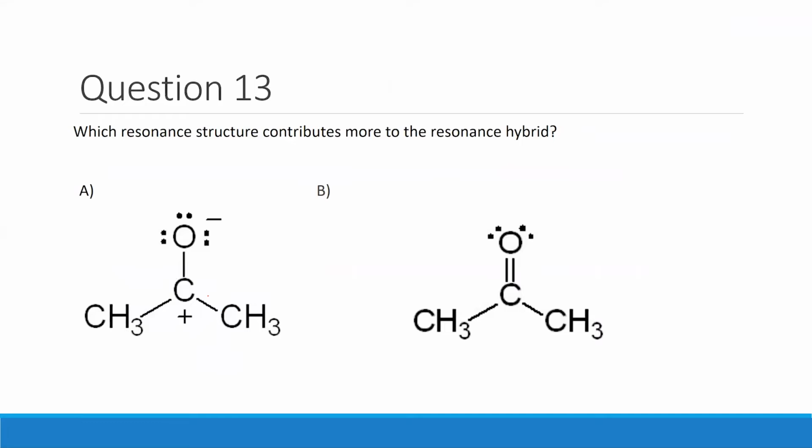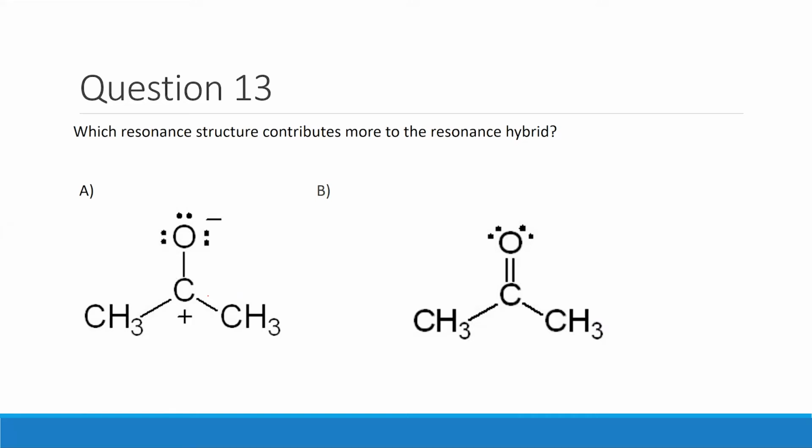Okay, so based on the rules we looked at just before, here's a question to get you thinking about resonance and the major and minor structures. Which of these resonance structures contributes more to the resonance hybrid? Would it be structure A or structure B? In this case, I'm going to refer you to the rules that we talked about.